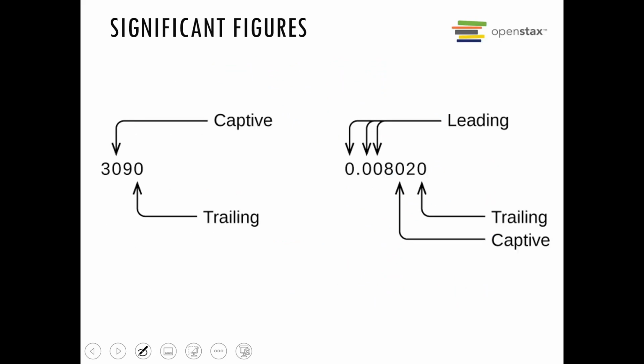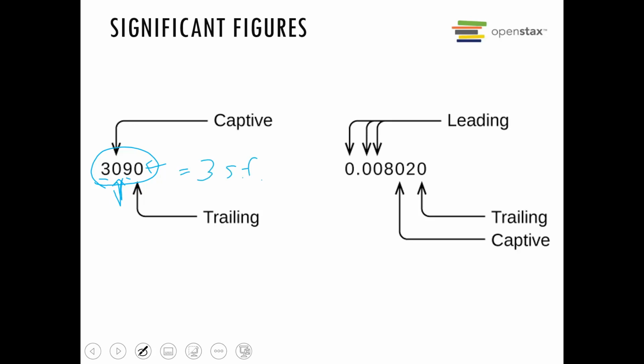So this is just a little diagram kind of showing you this number, 3090. This 0 is captive or sandwiched between the 3 and the 9. So the 3 and the 9, of course, are significant. That 0 in between them is captive. It is significant. The 0 at the end, though, is a trailing, not significant number. So this would have 3 sig figs.